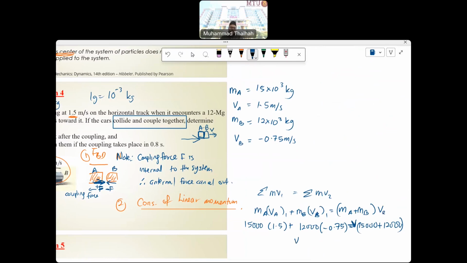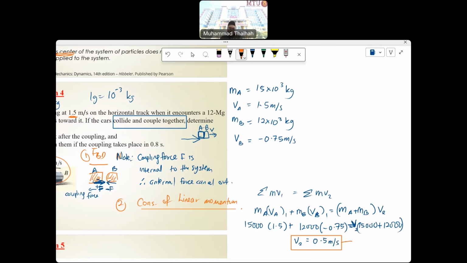So V at time 2 turns out to be 0.5 meters per second. If you plug in the numbers in the calculator, the velocity will turn out to be 0.5 meters per second. Okay.